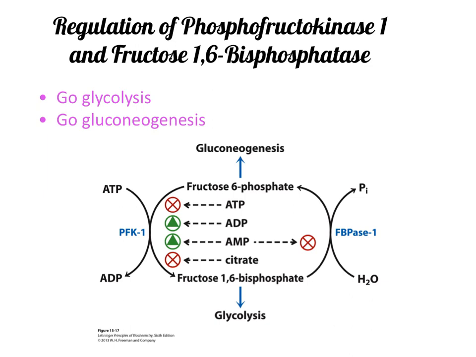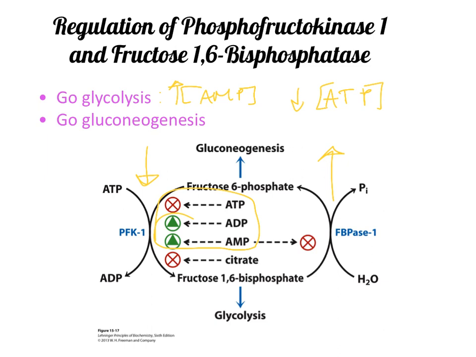Okay, so regulation of fructose 1,6-bisphosphatase and PFK. This is showing both of them. Again, you have glycolysis going down on this side and gluconeogenesis going up over here. The way that you get glycolysis to run is that you have a high concentration of AMP and a low concentration of ATP, and these positively regulate phosphofructokinase.